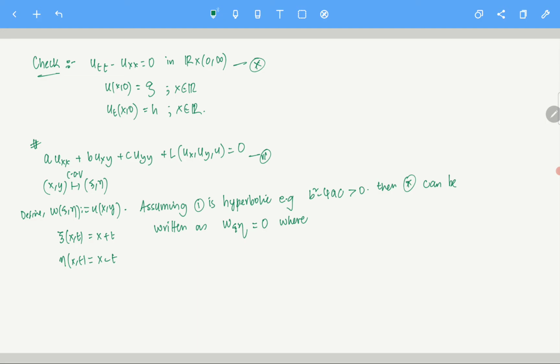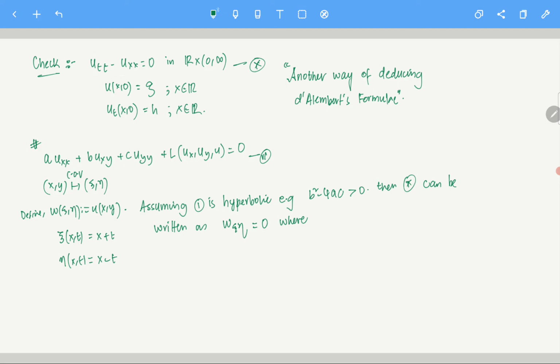I hope you understand what I am trying to do here: I am showing you another way of deducing D'Alembert's formula. D'Alembert's formula is from a homogeneous equation, right?